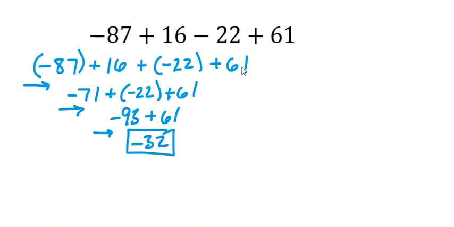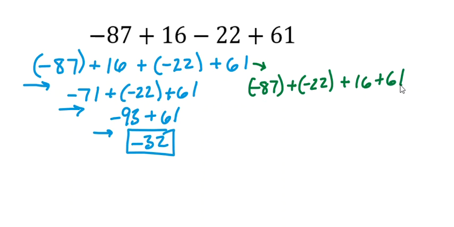The bigger, or the number furthest away from 0 is also negative here, and so the answer is negative 32. Now, maybe an easier way to do this would be to use the commutative and associative properties to rewrite this problem so that it's negative 87 plus negative 22 plus 16 plus 61, and then we do the ones that are the same. It's easier to think of adding two negative numbers.